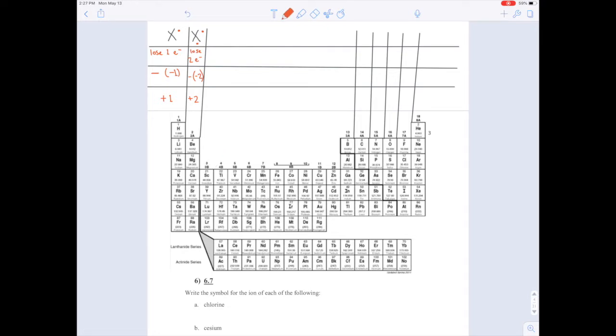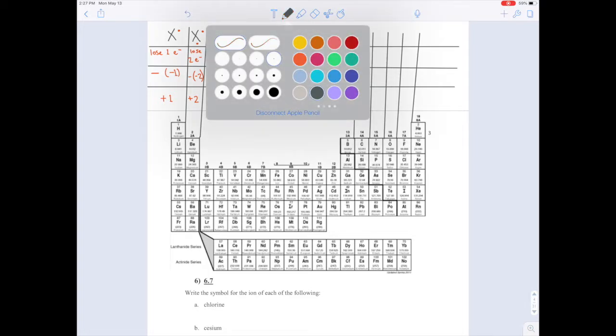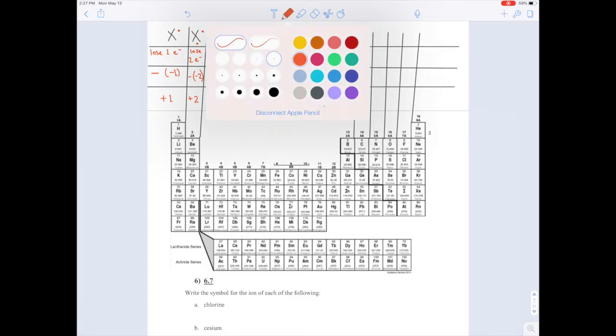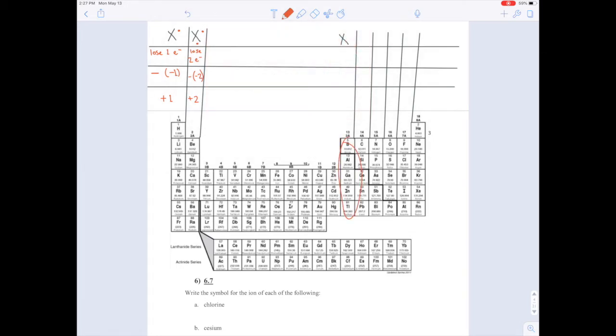Now, let's go to 3A. We can draw the symbol there, so this would have that capital X, because it could be any of those elements in this column. And because it's in group 3A, it's going to have 3 valence electrons. So 1, 2, 3. And the way that any of those elements can have all of its electrons paired, have no unpaired electrons, is to lose those 3 electrons.